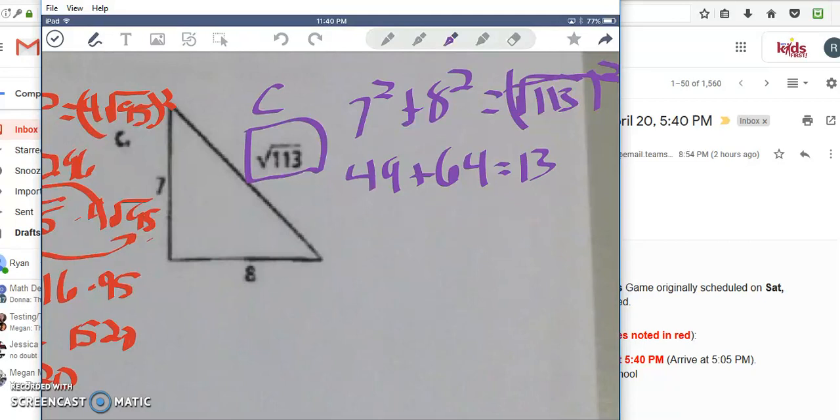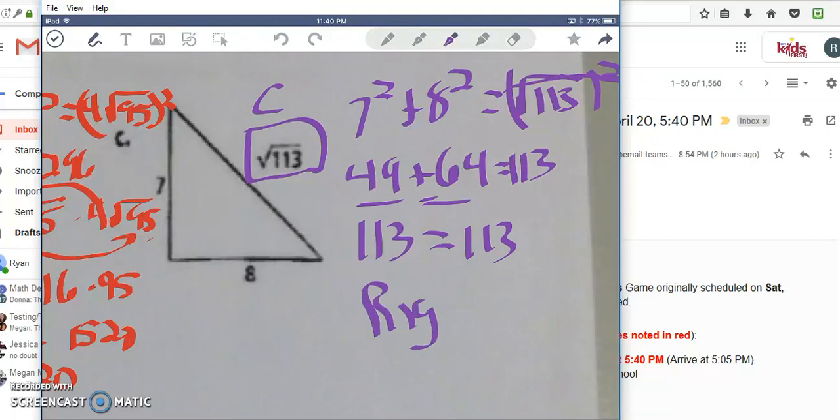So you just end up with 113. So when you add 49 plus 64, you end up with 113 is equal to 113. Okay, so they're equal to each other. Since they're equal to each other, this is going to be a right triangle.